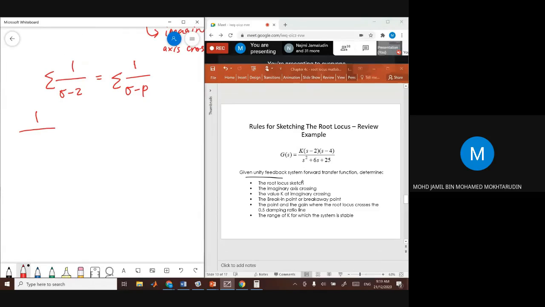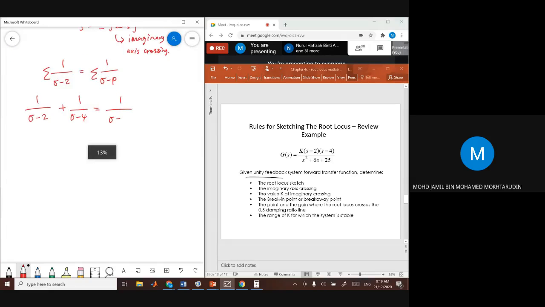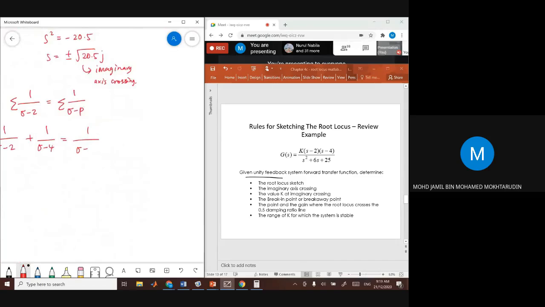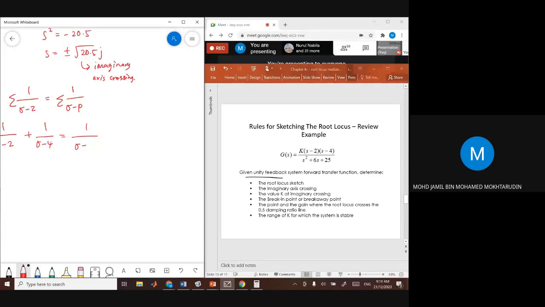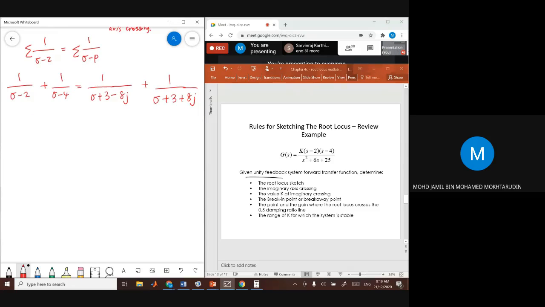So 1 over sigma minus 2 plus 1 over sigma minus 4. Okay, and then simplify.